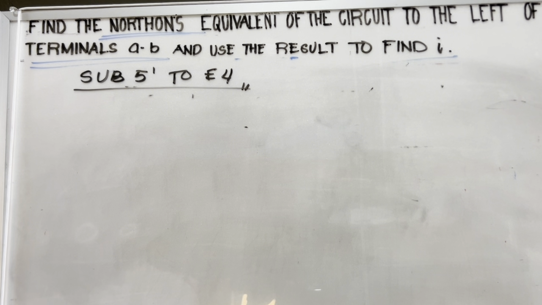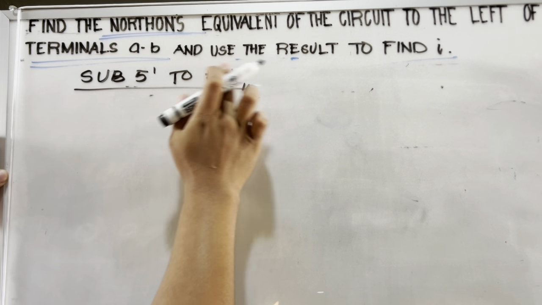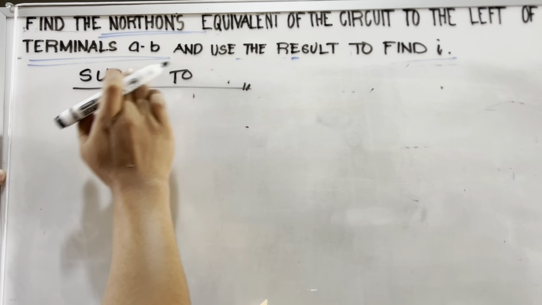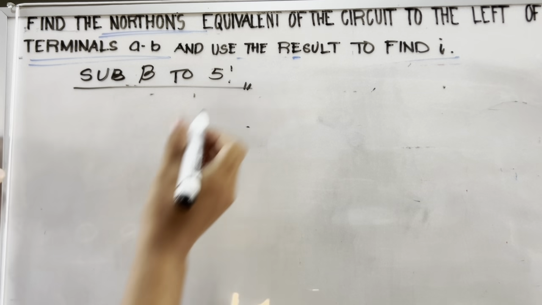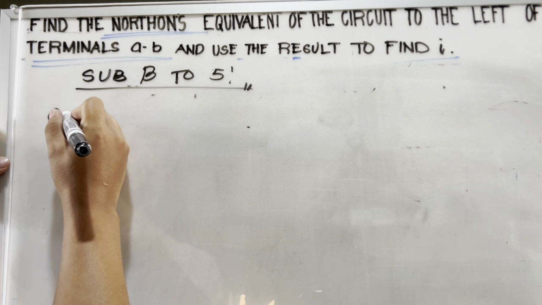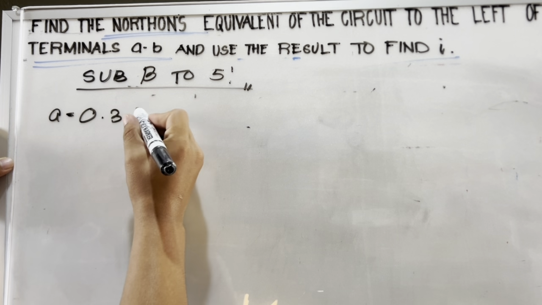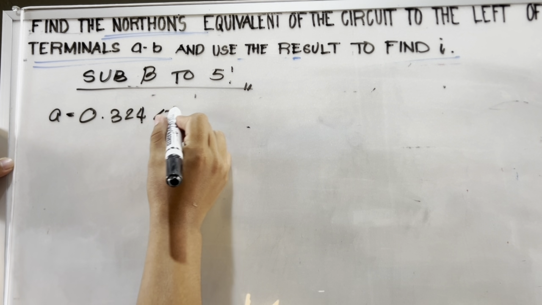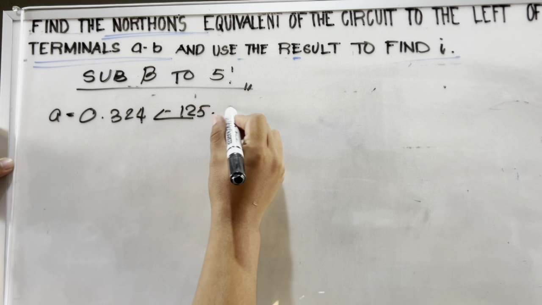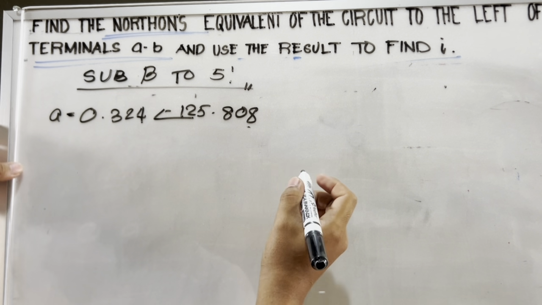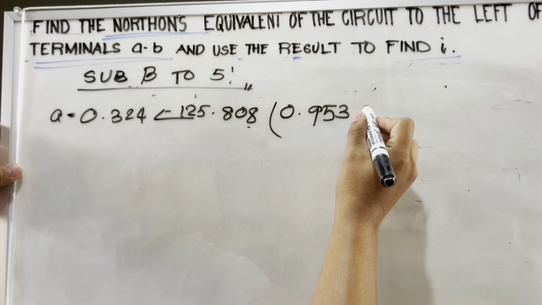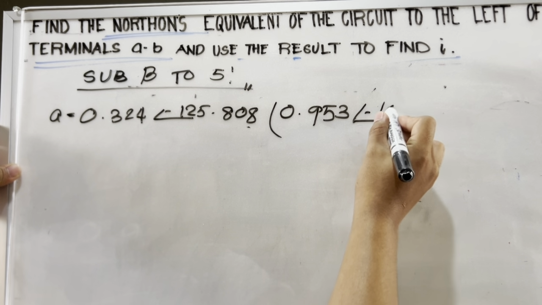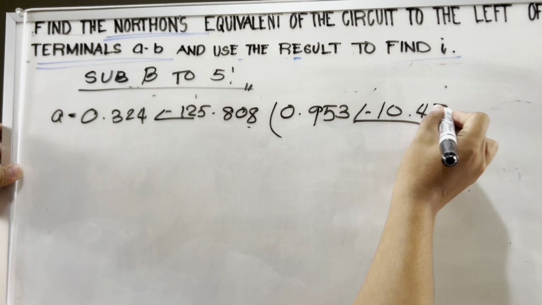We are now ready to substitute B to 5 prime. So we will now substitute B to 5 prime, okay? Therefore, A is equal to 0.324 angle of negative 125.808 times 0.953 angle of negative 10.478.